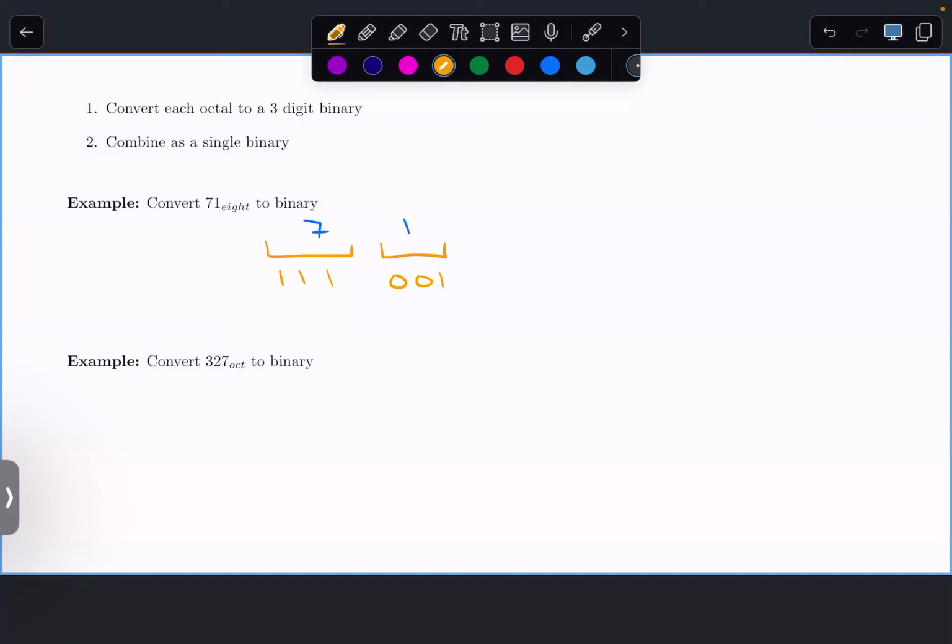So now this becomes 1, 1, 1, and I'll do a little space, mostly for visual cues.